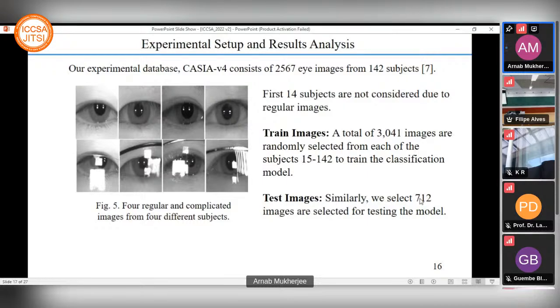Here we consider only the first 14 subjects in our experiment, and a total of 3041 images are randomly considered for each subject, 50 to 140, to train the classification model. Similarly, 720 images are selected for testing the model.